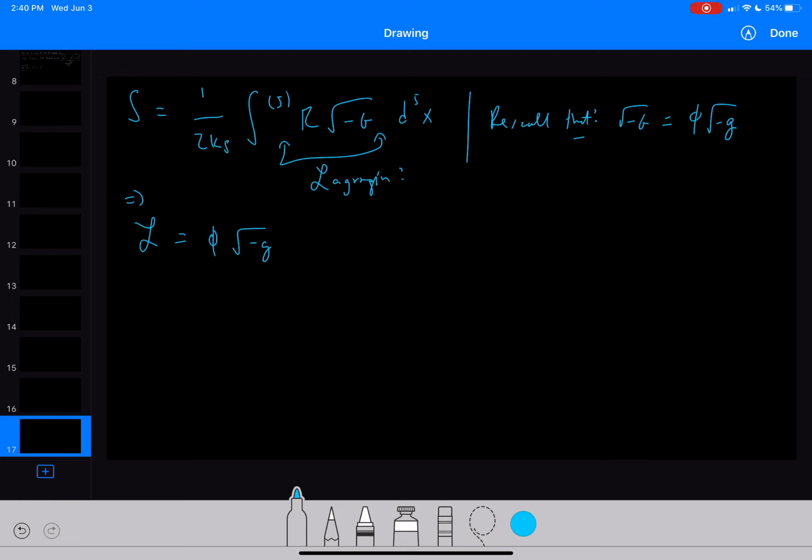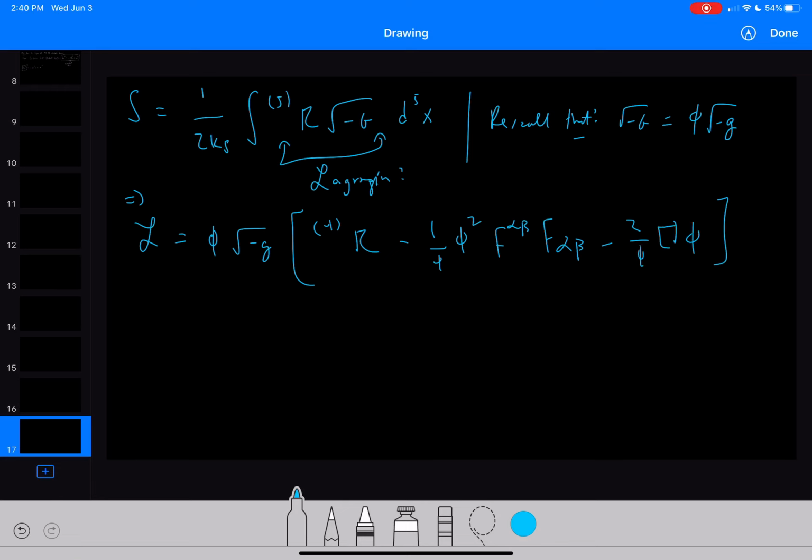So phi times minus g, times the 4D Ricci scalar minus 1/4 phi squared f alpha beta f alpha beta minus 2/phi D'Alembert of phi.